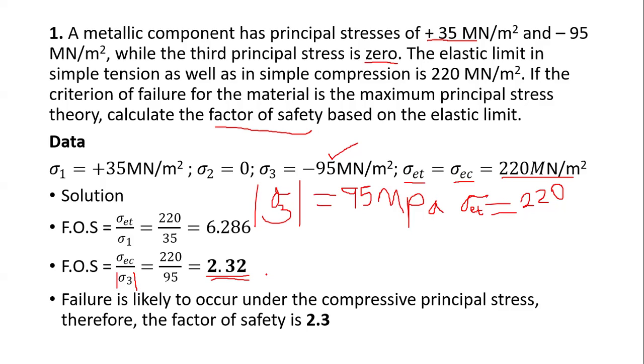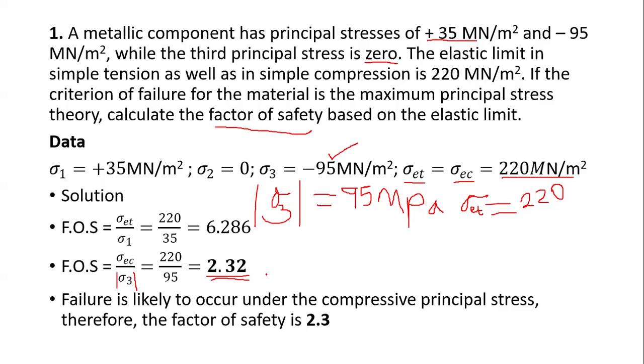Therefore, the factor of safety is 2.32, or basically just 2.3. It's the same thing. So this is how you handle the first analysis, where we are applying the maximum principal stress theory.